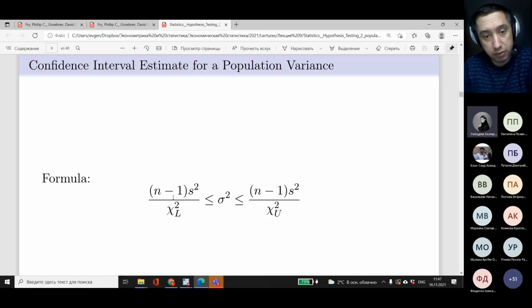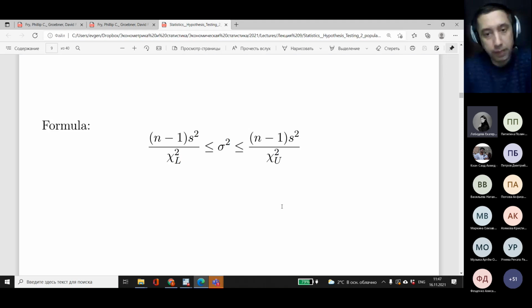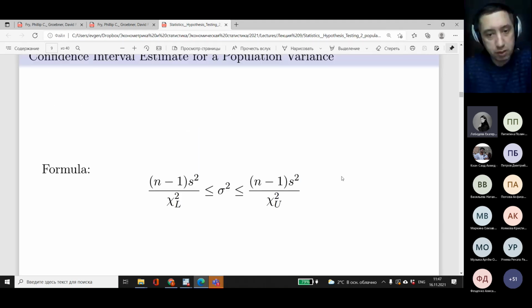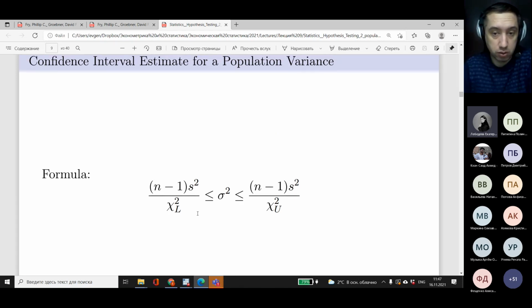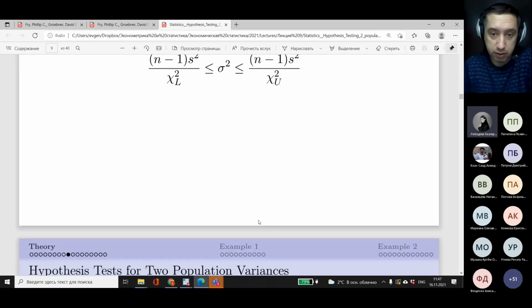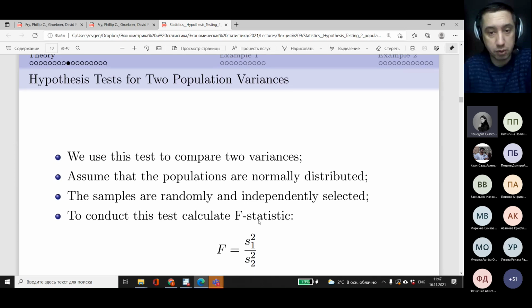But here we have to use two chi-squared values, the left and right, or lower and upper values, to find the left and right border of the confidence interval. Estimating a confidence interval is important, and you know that we can also use it in hypothesis testing. The algorithm is pretty much the same as testing hypotheses about averages.